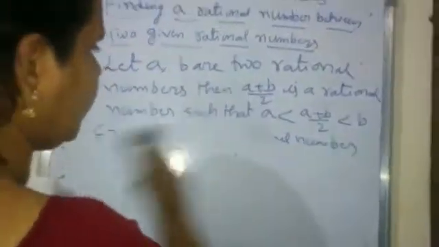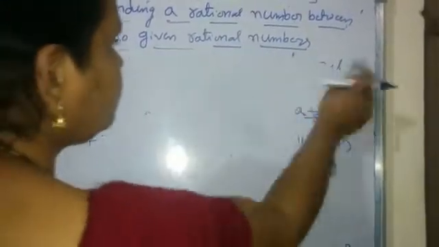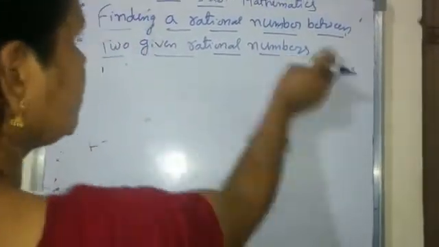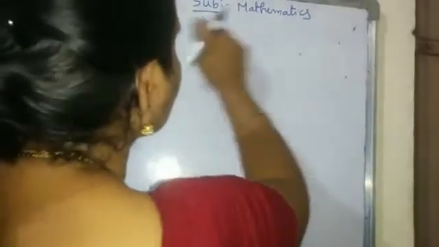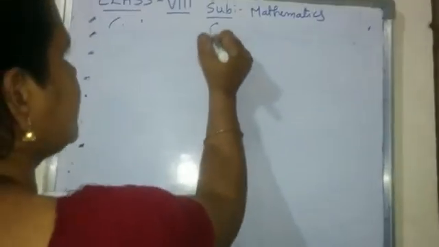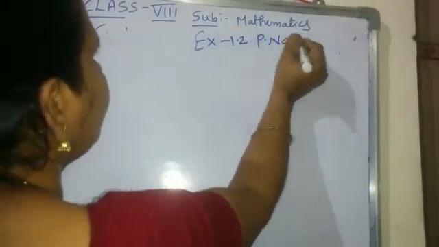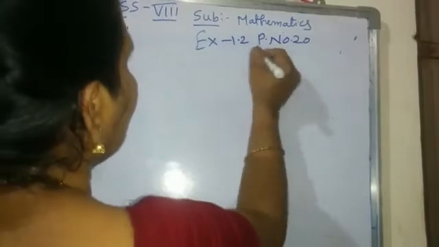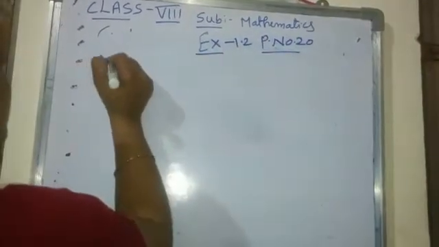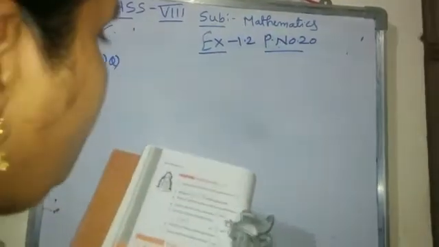Copy down the fourth question, children, all of you, exercise 1.2, page number 20. Now see, children, fourth question: find 10 rational numbers between -2 by 5 and 1 by 2.